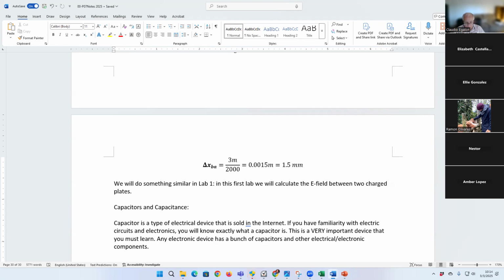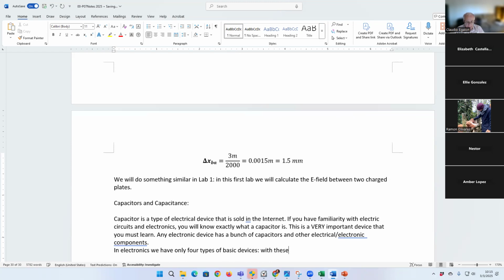And I'm going to tell you something else. In electronics, we have only 4 types of basic devices. With these 4 types of devices, you can put together almost anything.